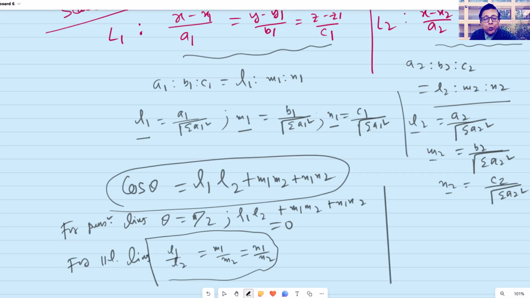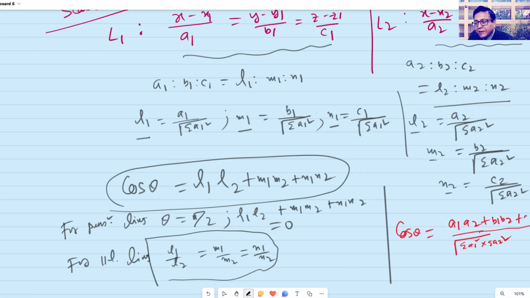Now, if we go by writing this l1, m1, n1 and l2, m2, n2, cos theta can also be written in this form. Put the values of l1, l2, m1, m2 and so on. This l1 l2 means a1 a2 by under root sigma a1 square, sigma a2 square. b1 b2, same thing.